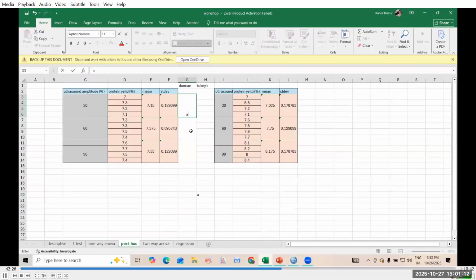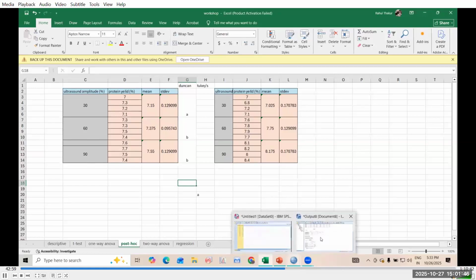So we'll put B here. From this notation, we can predict that the 30% amplitude has a lower protein yield, while at 60 and 90% the protein yields are significantly higher than at 30% amplitude. But while running Tukey's test, we'll see a different significance level.